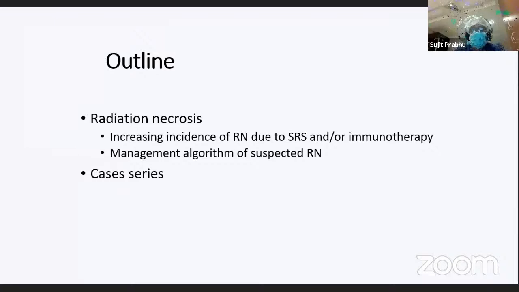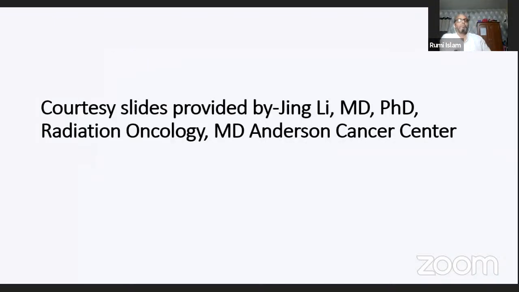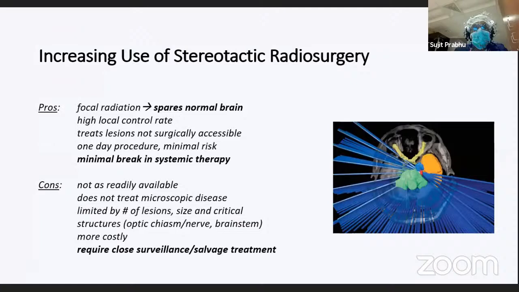As most of you are familiar, there's an increasing incidence of radiation necrosis following stereotactic radiosurgery and or immunotherapy. And we've come up with a management algorithm in suspected cases of radiation necrosis. I'll present a small case series. Some of the slides are provided by Dr. Jing Lee, who is our radiation oncologist here at MD Anderson Cancer Center.